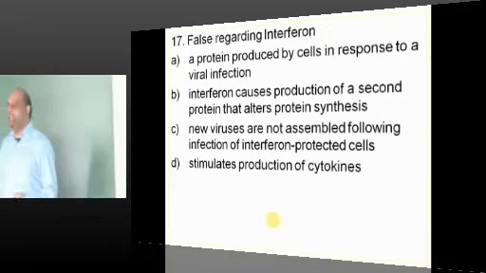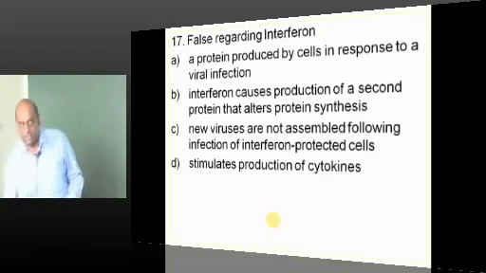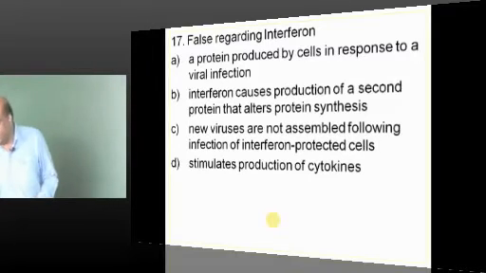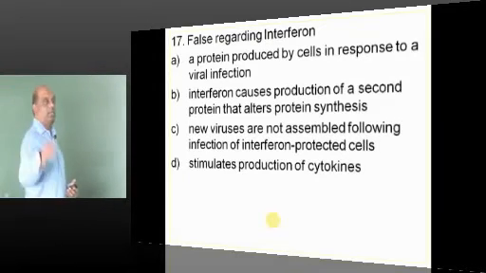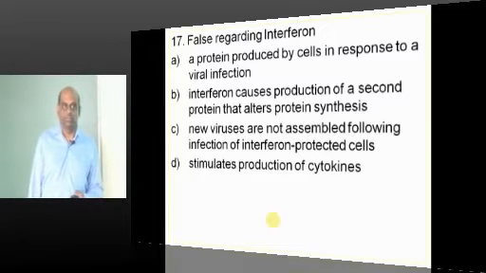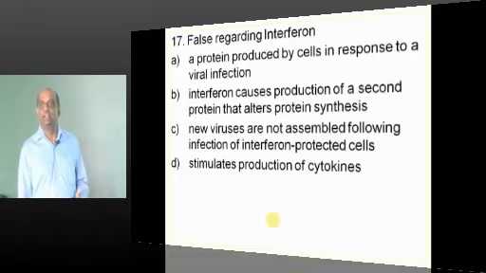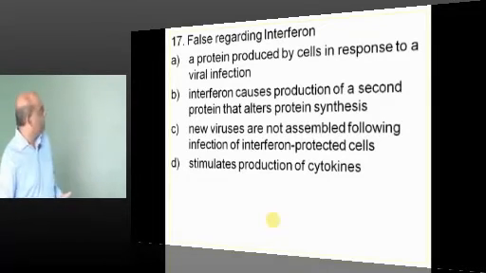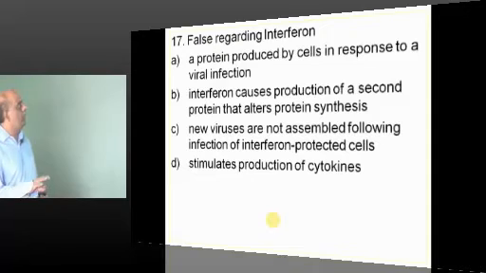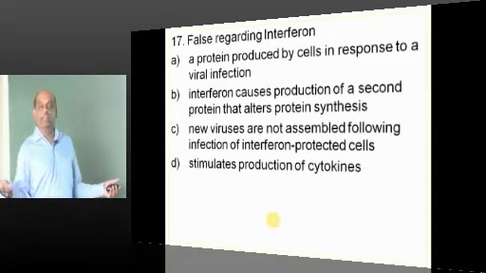What is wrong about interferon? But for our earlier question, Viz was right. He said D. Yeah. What is your answer? Interferon. I am not getting some splashing answers. Venkat, commit. C. You mean to say new viruses are not assembled in the interferon protected cells.